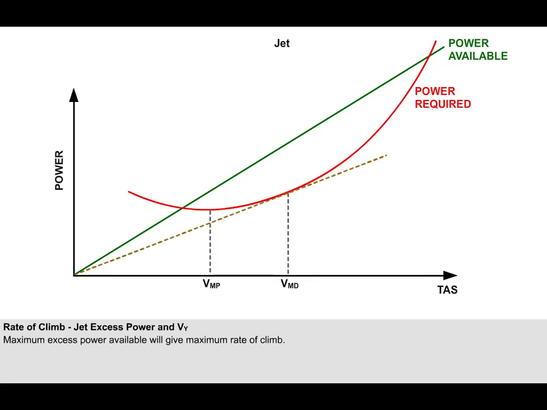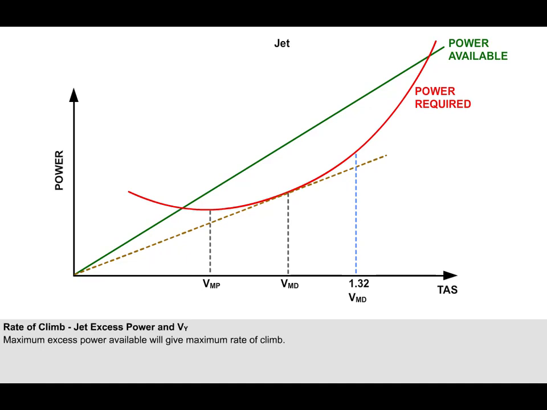There was another speed, slightly faster than VMP, called VMD. This speed is the velocity for minimum drag and is found at the tangent to the power required curve. Lastly, the highest of the performance reference speeds is 1.32 VMD, which is located at a point beyond VMD.